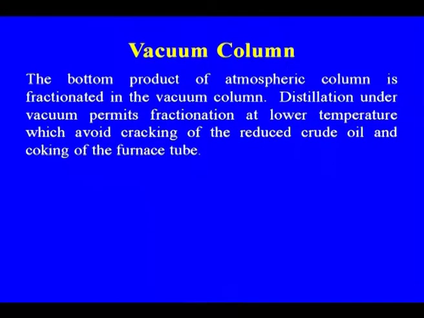So, to avoid that, we fractionate the residue from the atmospheric column in the vacuum column. Distillation under vacuum permits fractionation, as I told you, at a lower temperature, which avoids cracking of the reduced crude oil and coking of the furnaces also.